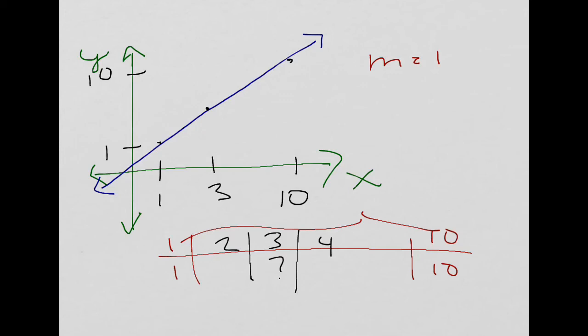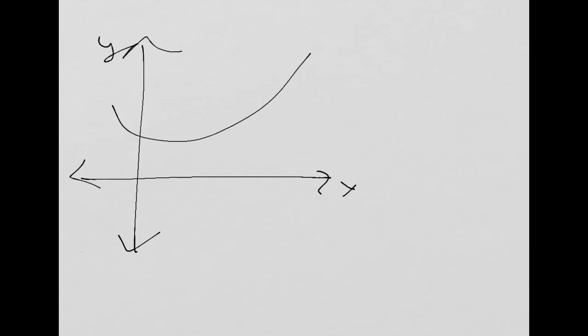But the idea behind this is to get really, really close values, because this is not always going to be a straight line where we can identify the slope. Sometimes when we're looking at data, it's going to be along a curve. I'm just trying to sketch out something really quick. Here's a curve.